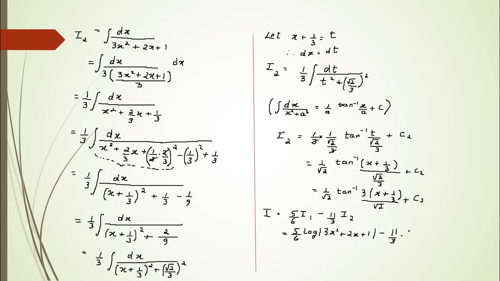I2 is 1 by root 2 tan inverse three into x plus 1 by 3 divided by root 2, and for c1 plus c2 I can write a constant c.